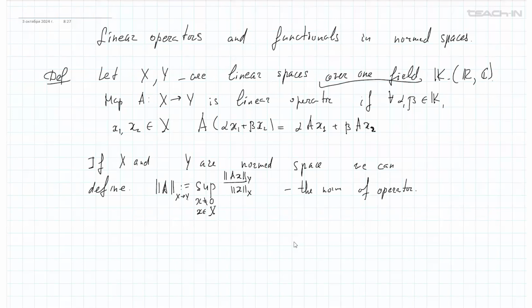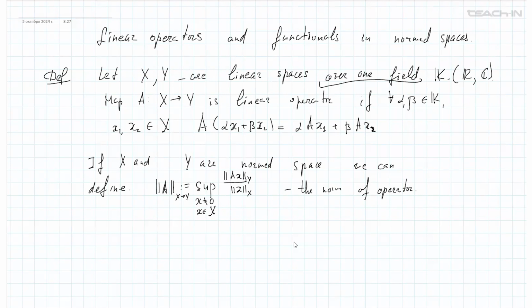And it is homogeneous for positive numbers because the norm in Y is a norm, and the triangle inequality is valid. Because for Y we have the triangle inequality, and the supremum of the sum is less than or equal to the sum of the suprema.